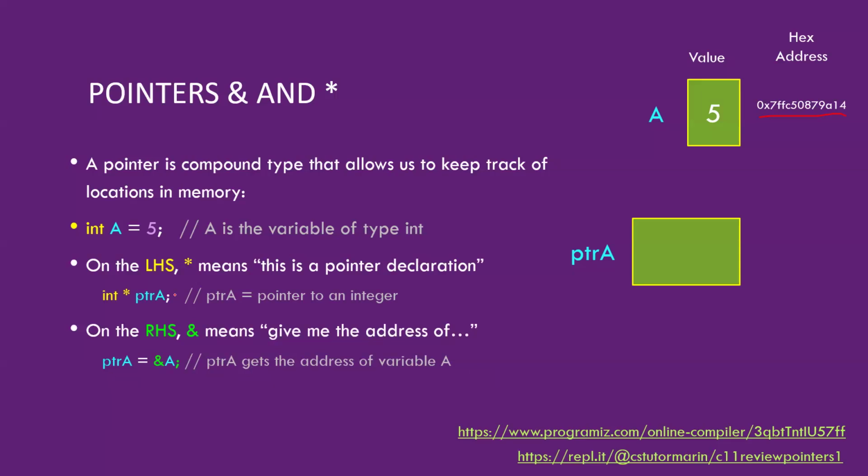We might not know that it does, but it actually does. So, when I declare PTRA, the type of information it's going to store is an address, and it's an address of an integer. So that's what we mean by a compound type. Our data type is two things. Yes, it's a pointer, but what kind of pointer? It's an integer pointer. So when I read code on data types, I read from the right to the left, pointer to an integer, okay?